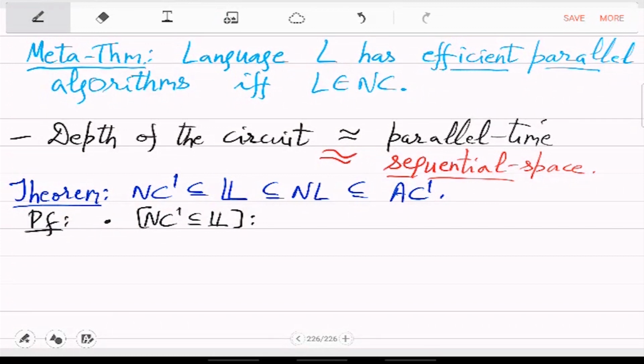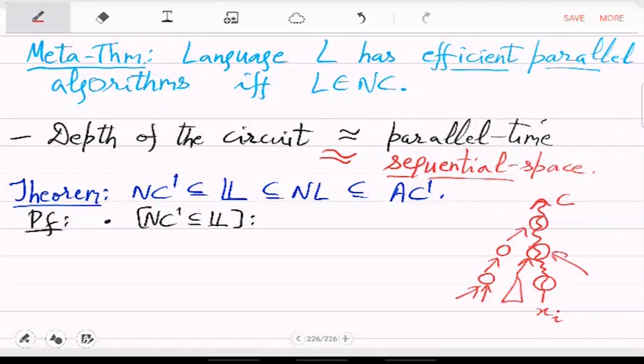Basically, in a circuit, here you have a variable, okay, and here you have the circuit value, and the rest you have some circuit connections. So this path that we have drawn from xi to c has depth log n.